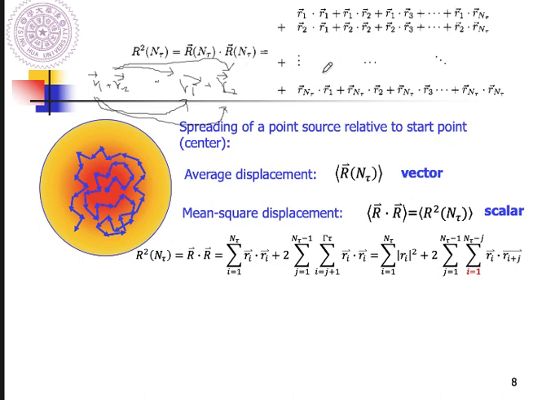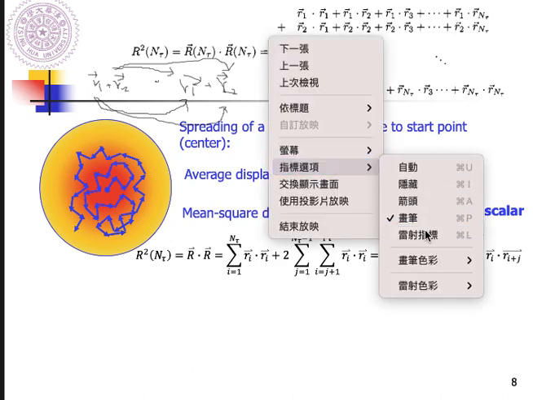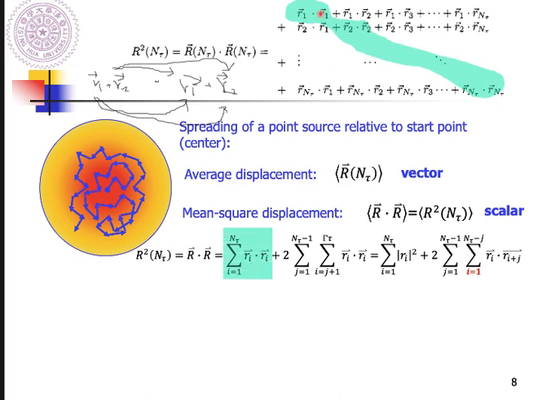So after organizing this, you can get r1 dot r1, r2 dot r2, r3 dot r3, so you get the first term, the summation of ri squared, with i from 1 to n tau.